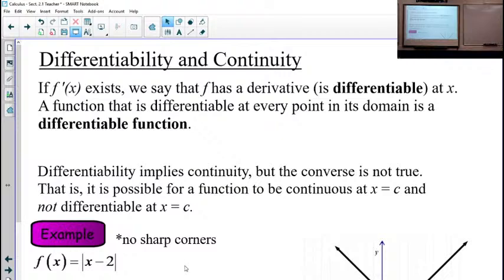So if we have a function that is differentiable at every point in its domain, then we say that it's a differentiable function, or the function is differentiable. Like I said, this is a very similar idea to talking about continuity.